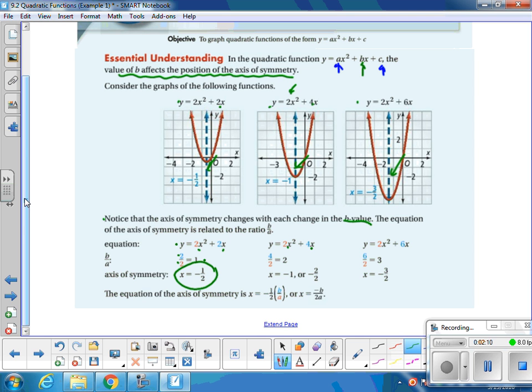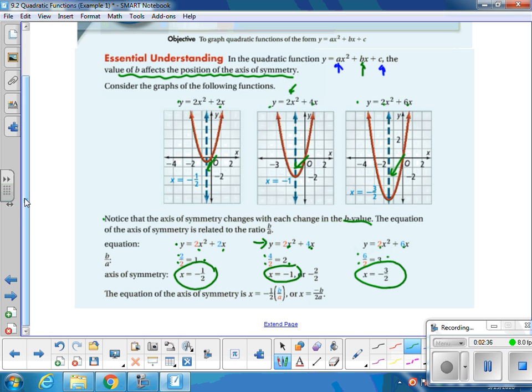So let's pay attention to what that's doing. Let's come back to our equation down here. So we see that the a term is 2, the b term is 4, the ratio 4 over 2, which is 2, and our line of symmetry is at negative 1. Let's look at the third one, and hang in there if you're not seeing the connection yet. So we have 2 and 6. So the a term is 2, the b term is 6, and that's a ratio of b over a, which is going to get us 3.